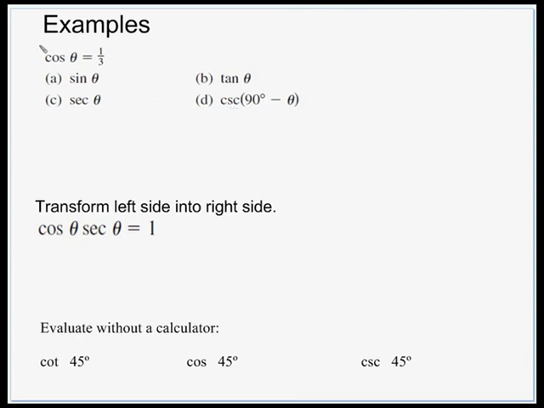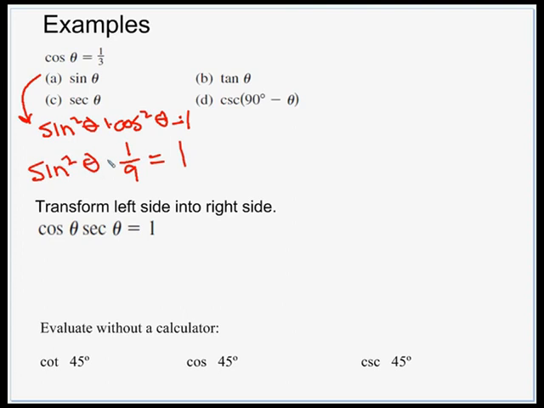Well, let's see here. The first one, we're given cosine and we want to find sine. So for part A, I would use the Pythagorean identity, sine squared plus cosine squared of theta is equal to 1. Our cosine is 1/3, so cosine squared will be 1/3 squared, or 1/9. And sine squared plus that 1/9 is going to equal 1. So if I subtract 1/9 from each side, I get sine squared of theta equals 1 minus 1/9, which is 8/9.